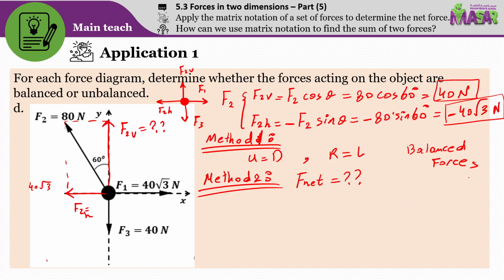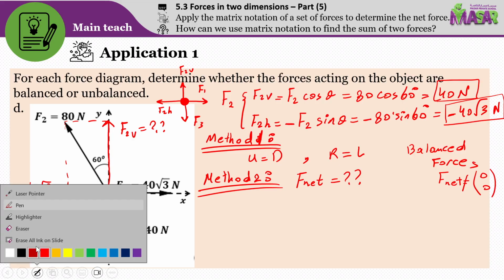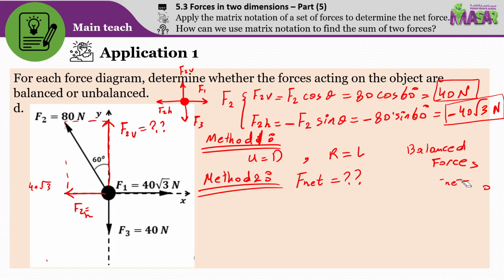If we find that the F net in the matrix notation is 0, 0, then the F net is equal to 0, and the case is balanced forces. If the F net is not equal to 0, then the case here is unbalanced forces.